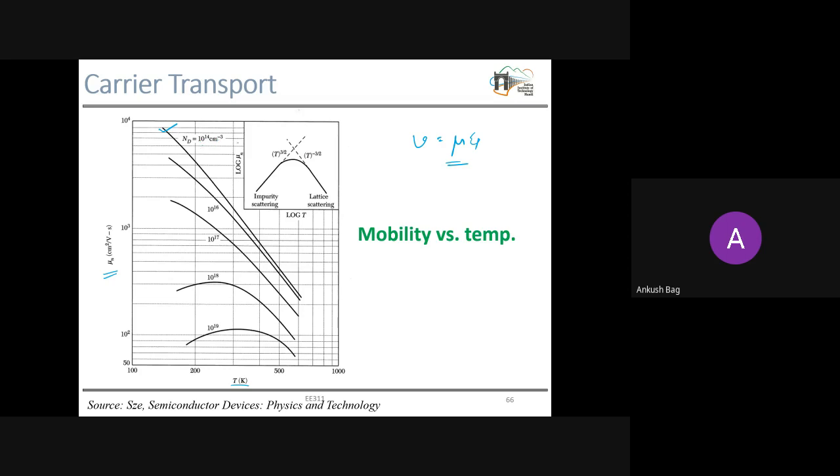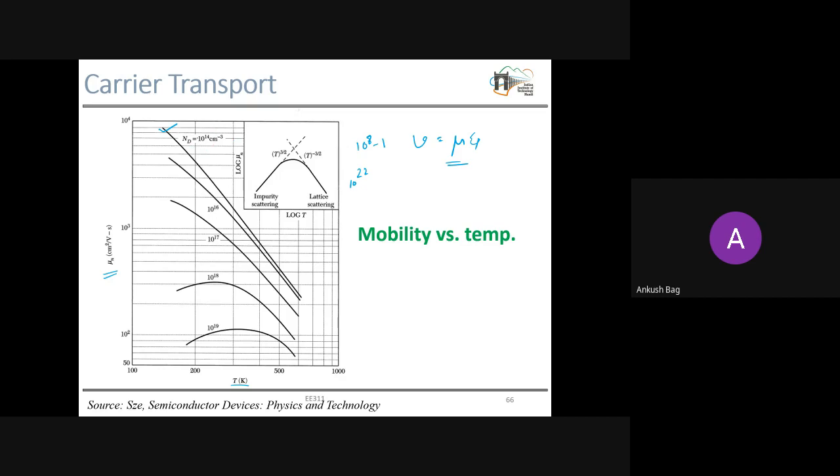Now you can guess this is silicon. In silicon, the atom density is 10 to the power 22, so out of every 10 to the power 8 atoms, you will find one dopant atom. So this is actually a very low doping concentration.